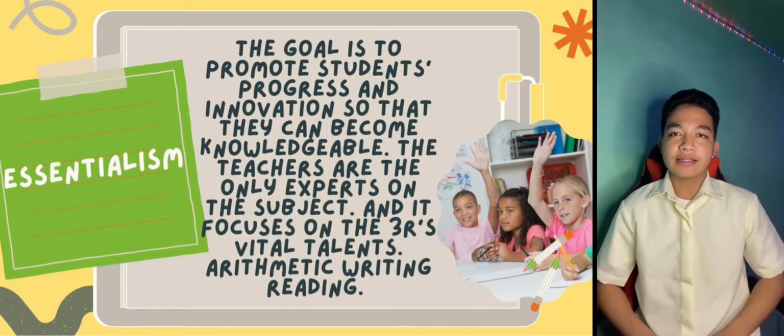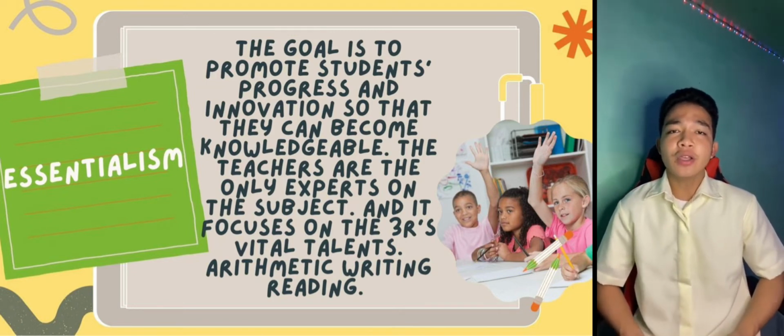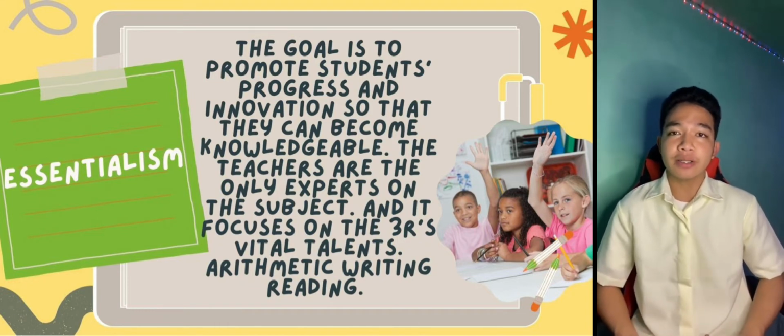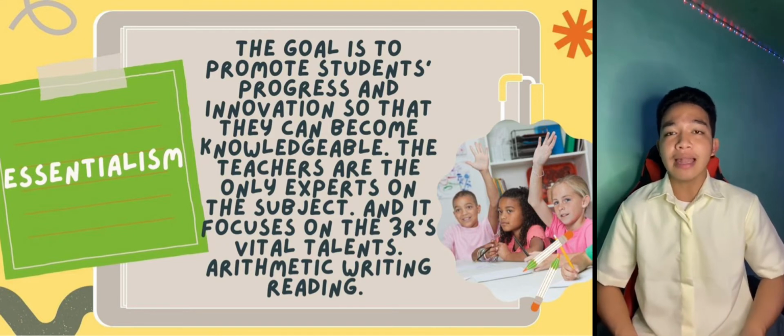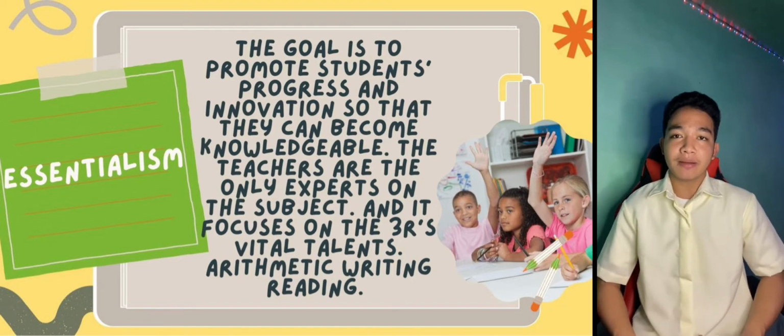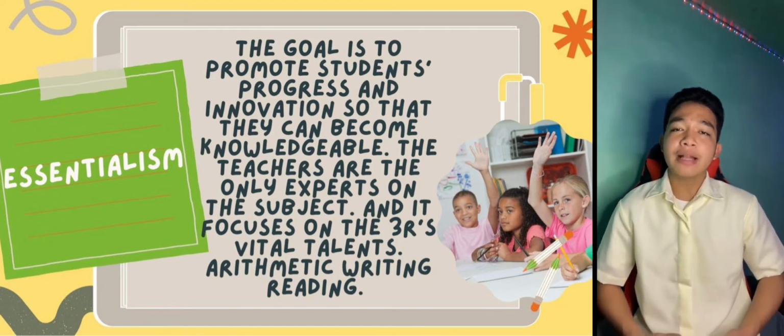Next is essentialism. The goal is to promote student progress and innovation so that they can become knowledgeable. The teachers are the only experts on the subject, and it focuses on the 3 R's vital talents, which is the reading, writing, and arithmetic. So, for example, Brigada Pagbasa of DepEd for the high school enrollees.